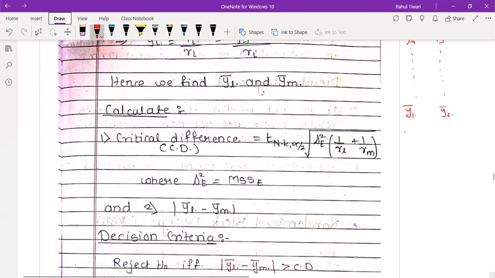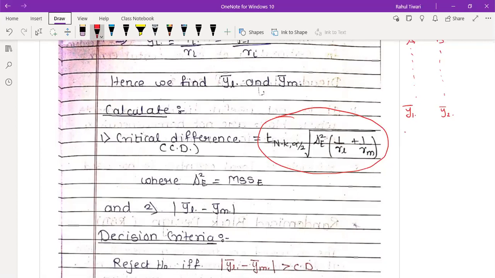Here we have used the T test, because ANOVA and everything is used when we have a small sample. So if there are two samples and the sample size is small, then one can apply the T test.